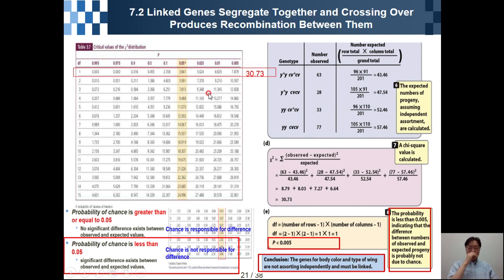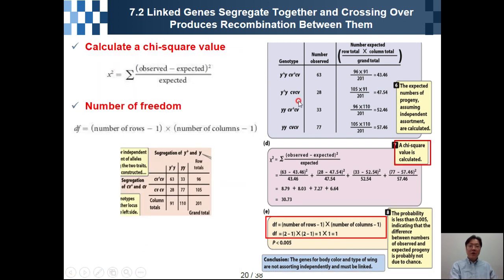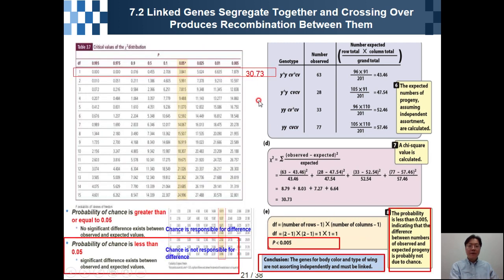So based on this, we have to calculate. Once again, we calculate the chi-square value, and we also determine the degrees of freedom. The degrees of freedom is 1. Okay, so the chi-square value is located here. It means that the probability is less than 0.005.